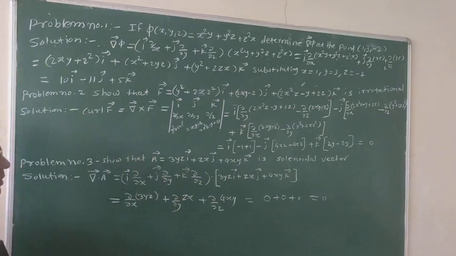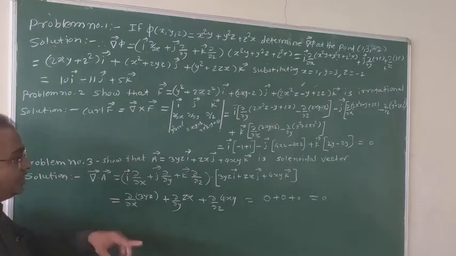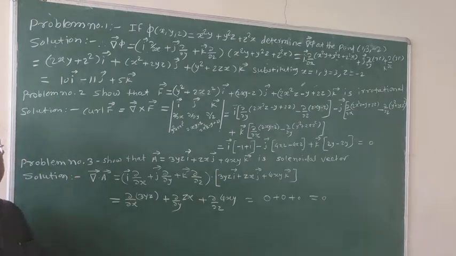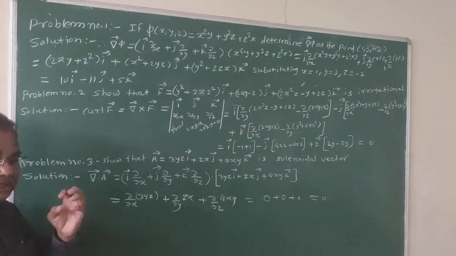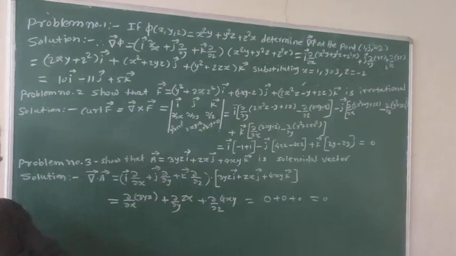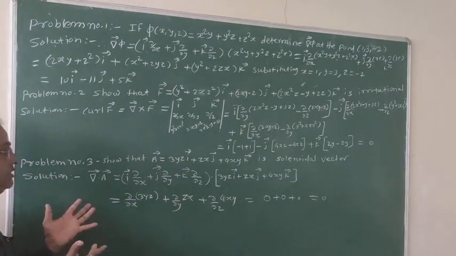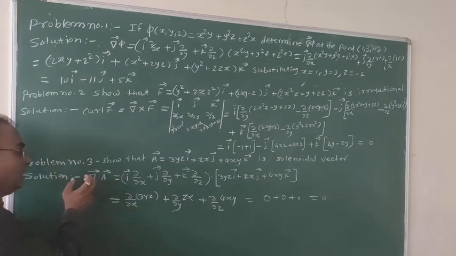By using the definition of a solenoidal vector, we know that a vector having divergence 0 is called a solenoidal vector. That means the condition for a solenoidal vector is that divergence should be equal to 0. By considering that definition, we must find out the divergence of the given vector, that is del bar dot A.